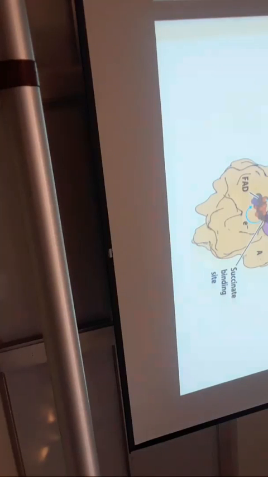So there's another representation of complex 1. We see that there are some cytosolic subunits also. The matrix side would be here.